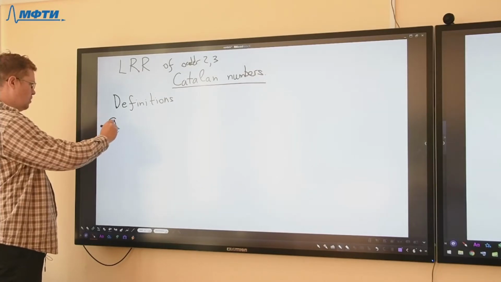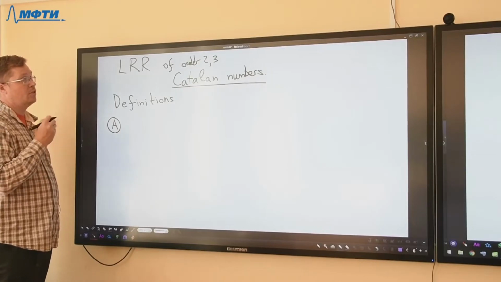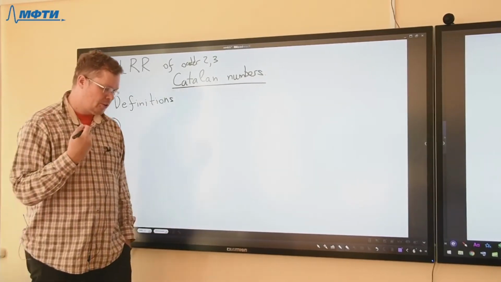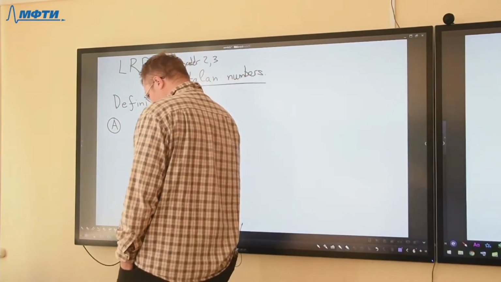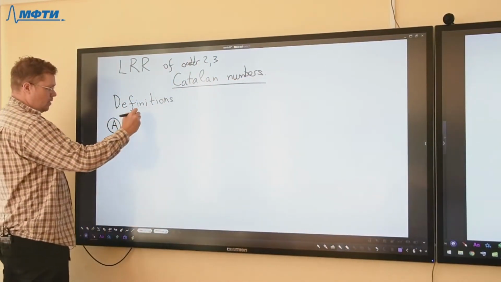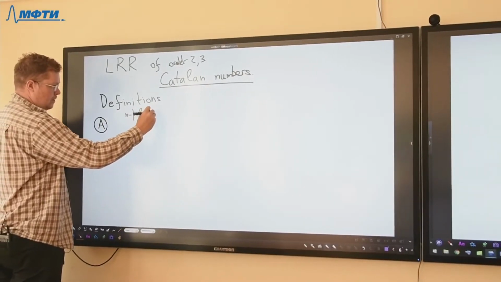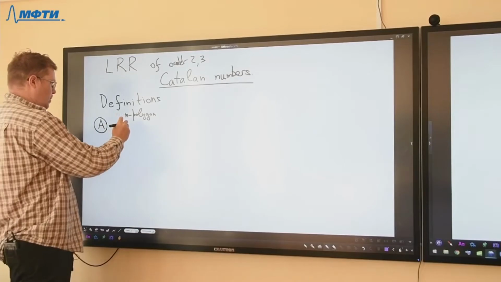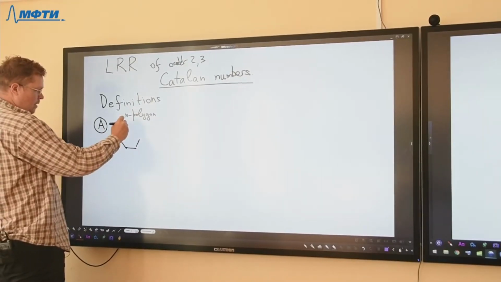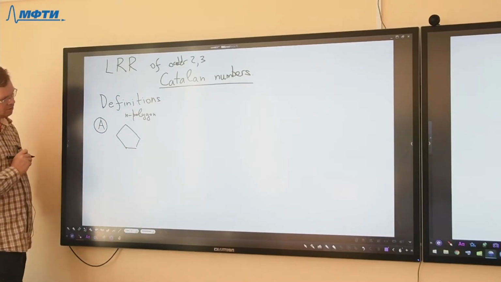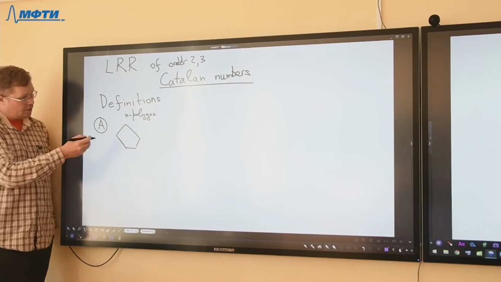First is the number of different triangulations of the convex n-gon. So I take an n-gon, and then I try to provide the triangulations using the diagonals, non-intersecting diagonals.